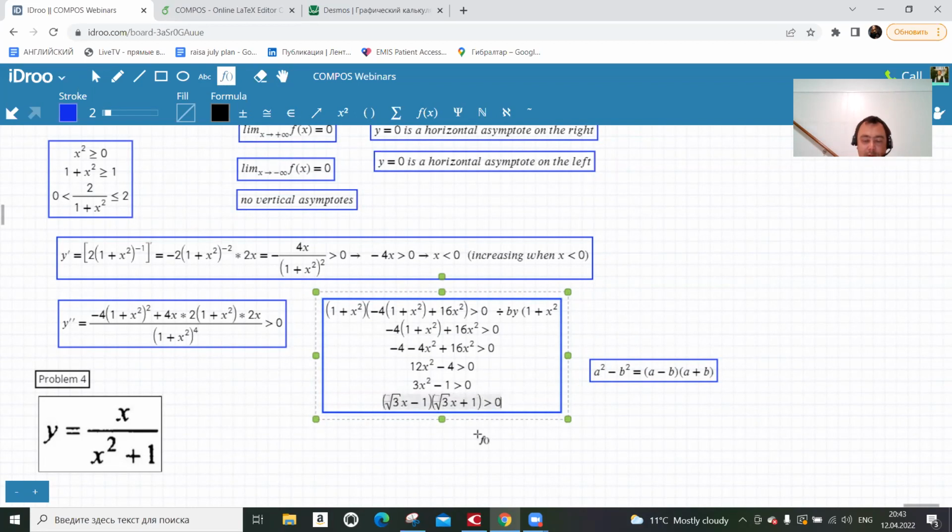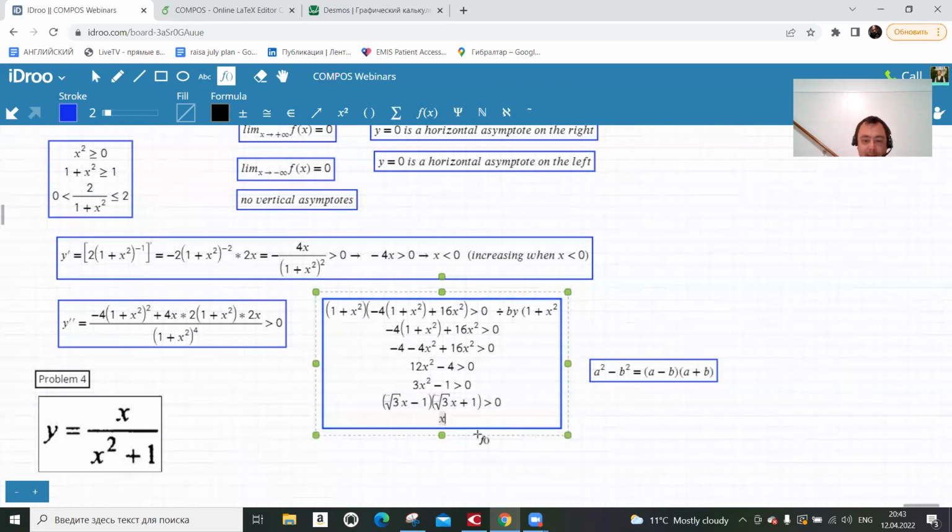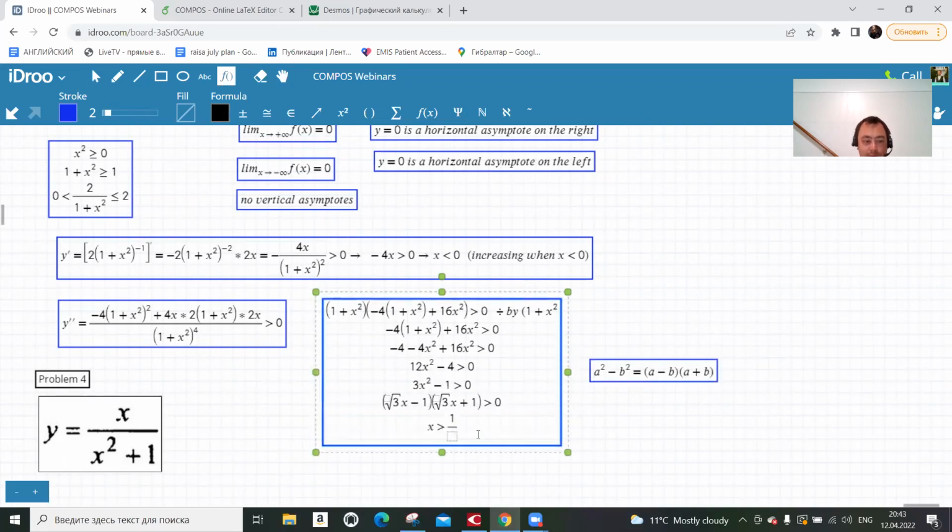And so this is positive when x is greater than 1 over square root of 3, or x is less than minus 1 over square root of 3.